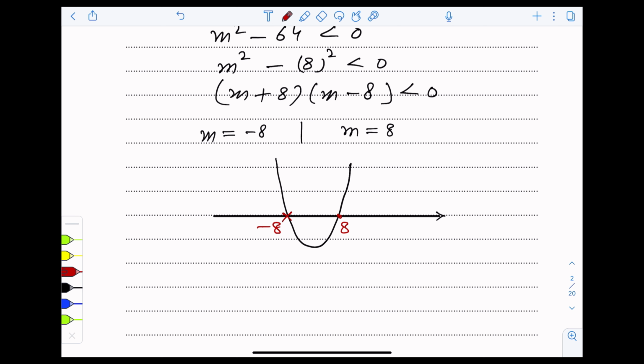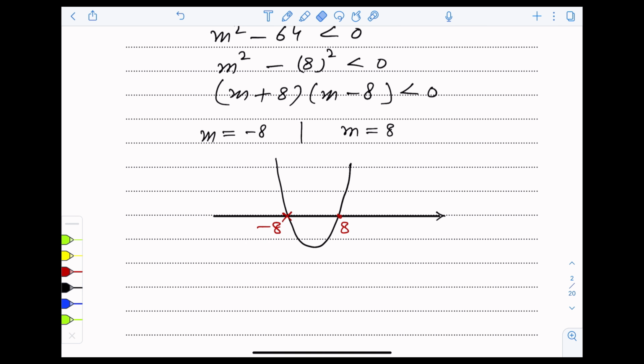So the set of values will be away from these two values. This arrow shows the values of m greater than 8. This arrow shows the value of, sorry, we have made a mistake.